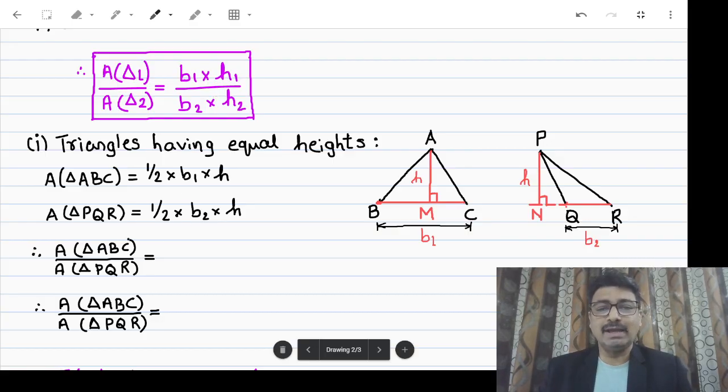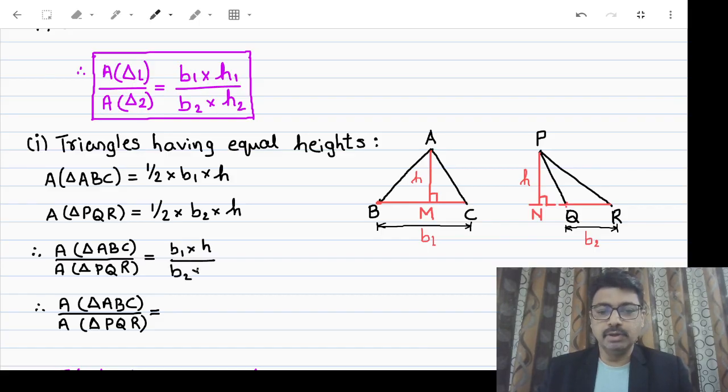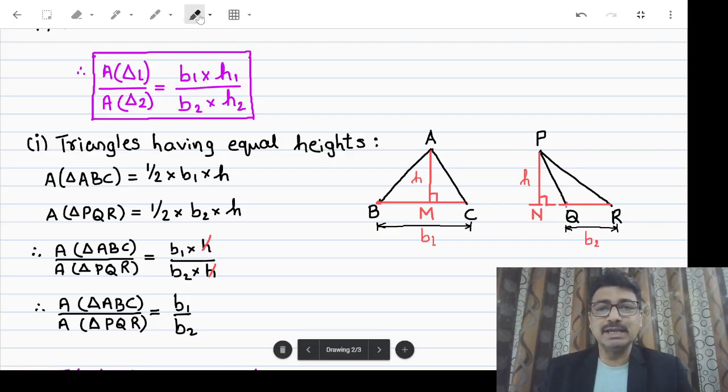So for area of triangle ABC upon area of triangle PQR, we can write base into height upon base into height, that is B1 into H upon B2 into H. But we see that the heights are equal for the two triangles, so we can cancel the height from numerator and denominator, and then we get area of triangle ABC upon area of triangle PQR as only B1 upon B2. Can we generalize any statement from this?